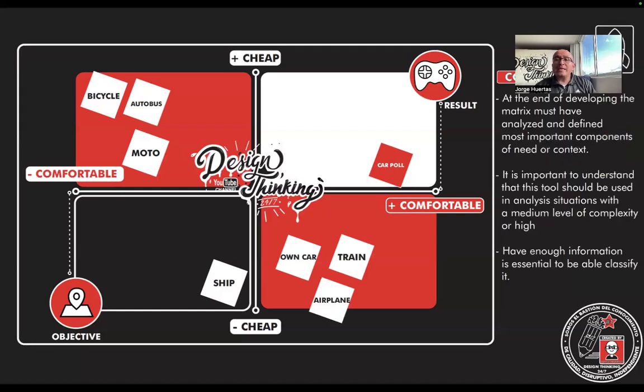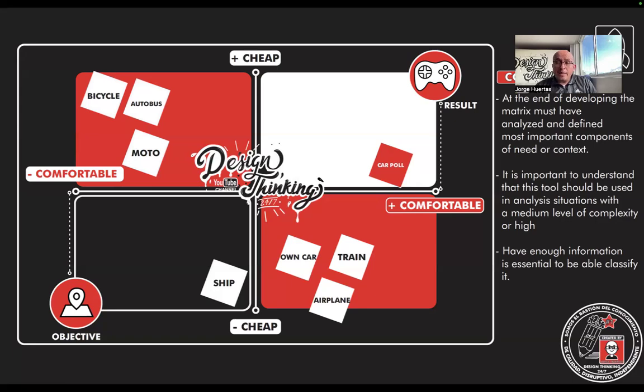As a conclusion, we can say that at the end of the development of the matrix, we must have analyzed and defined the most important components of the need and context. It is important to understand that this tool should be used in situations with a medium or high level of complexity. If it's something that is very easy to analyze, I strongly recommend not using it because it will take you a lot of time.